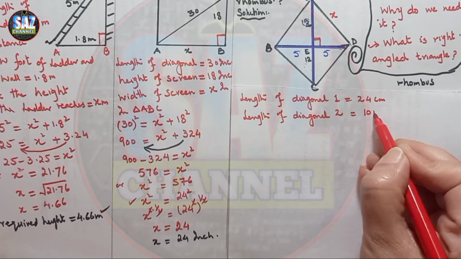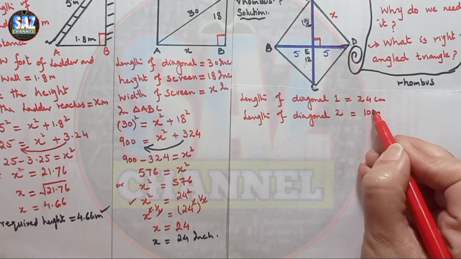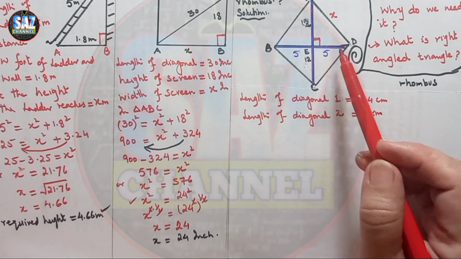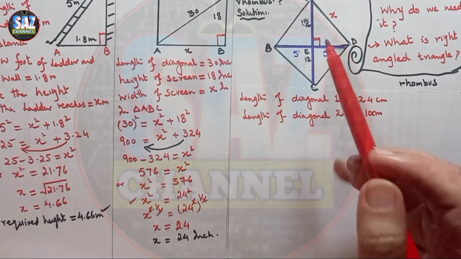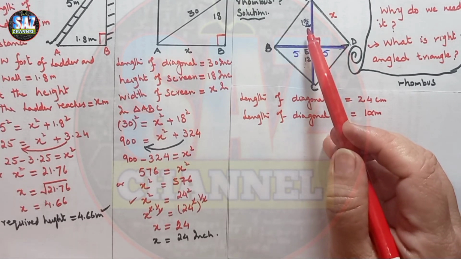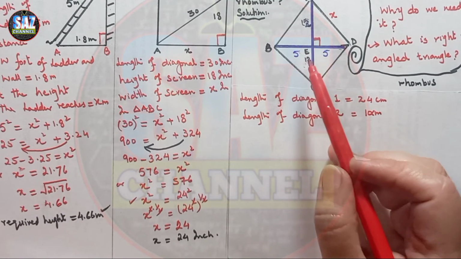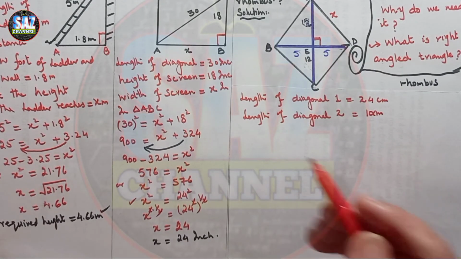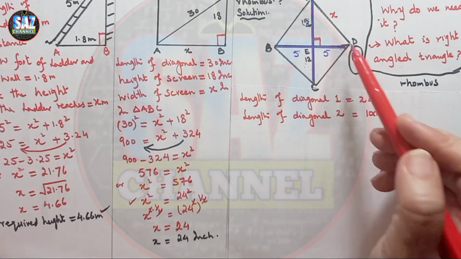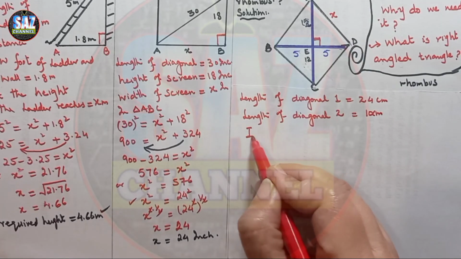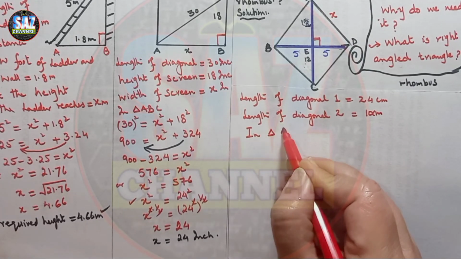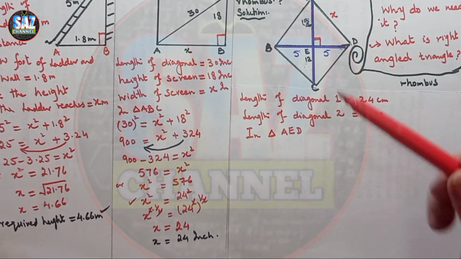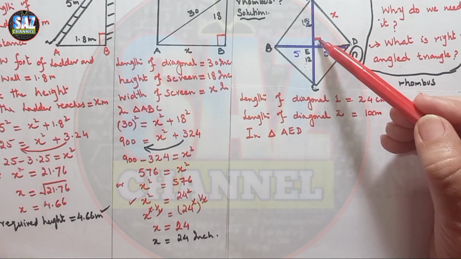Now, due to the intersection, the diagonals will be divided into two equal halves. That 24 centimeter measure will be 12 and 12, and the 10 centimeter measure will become 5 and 5.